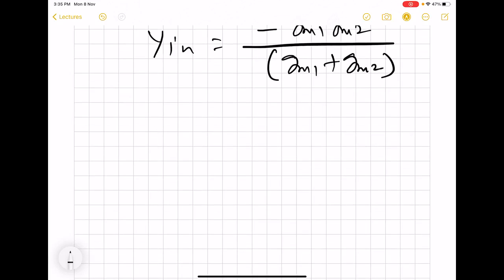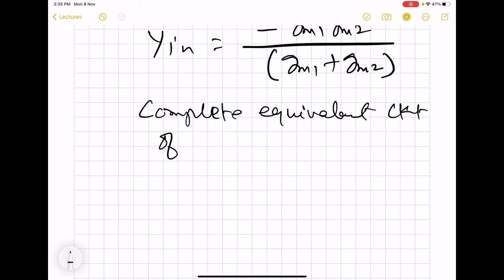Now we can find out the overall admittance or the complete equivalent circuit of the oscillator.